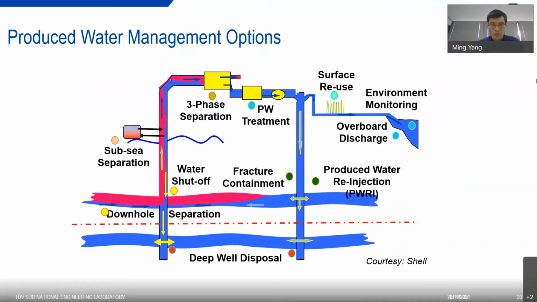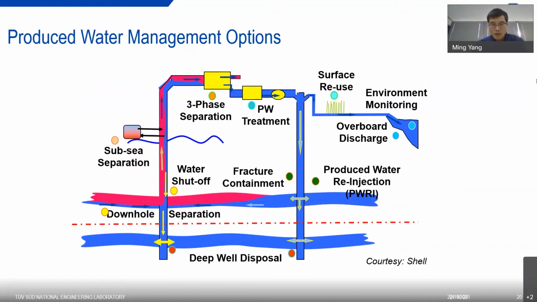If you cannot, can you do something at the downhole level, for example using downhole separation and produced water injection? And if you cannot do that, then certainly for offshore, can you do something at the seabed, things like subsea separation and produced water injection?